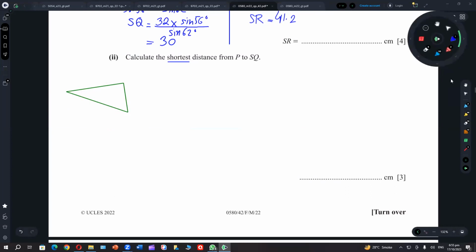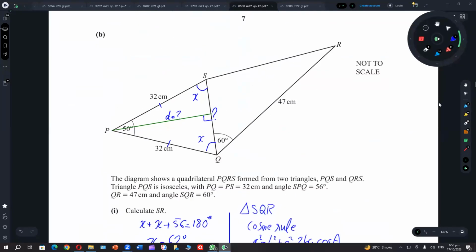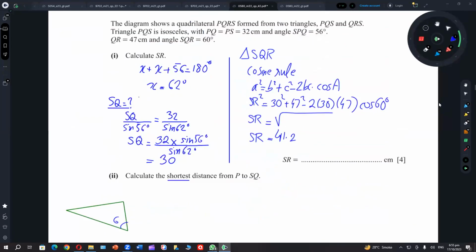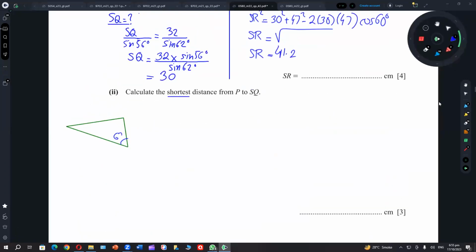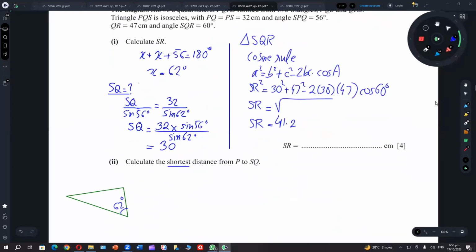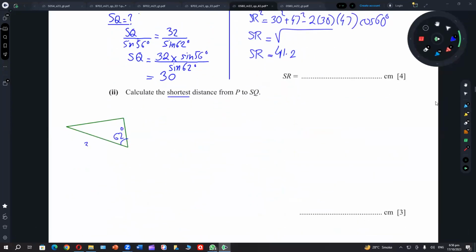28.2 I got. Achha, 28.2. What property did you apply?